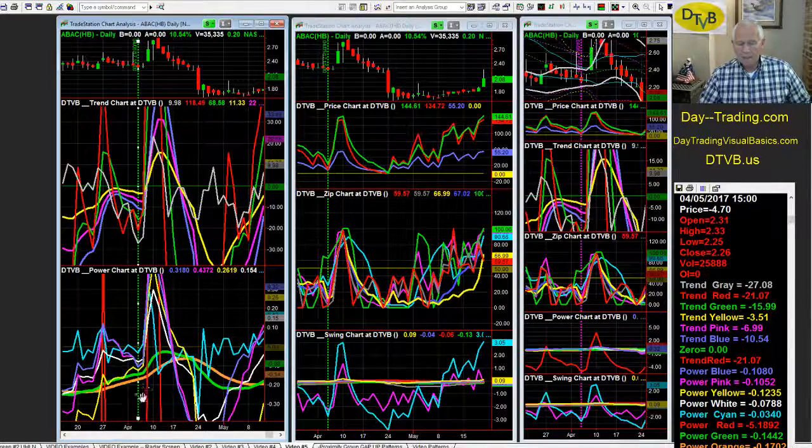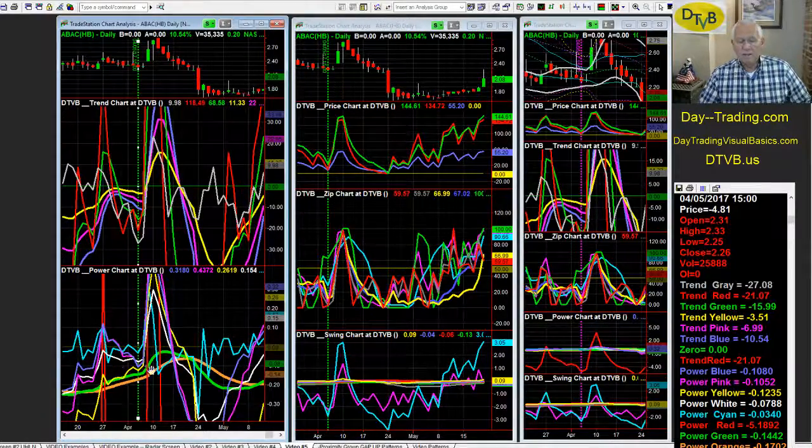Keep in mind, at this point, your power green is at minus 0.14. The majority of the time, the power green and power orange are right next to zero, usually slightly above zero. When they're under zero, that's a question mark about being a gap up, especially at this distance.